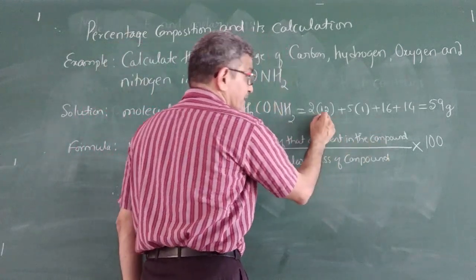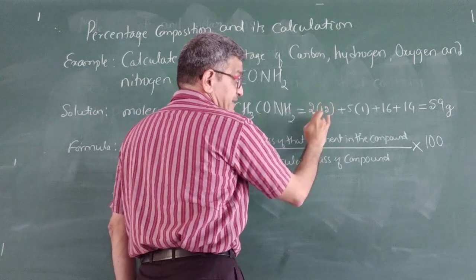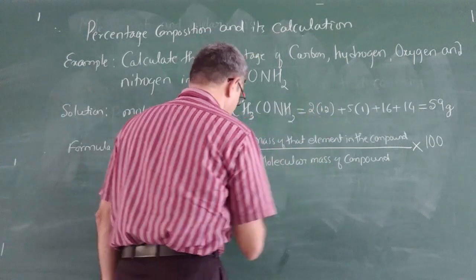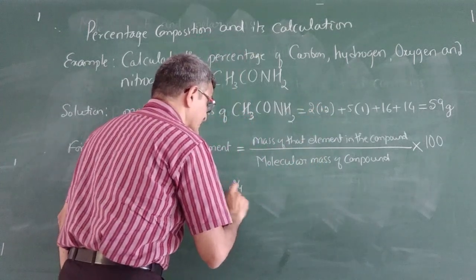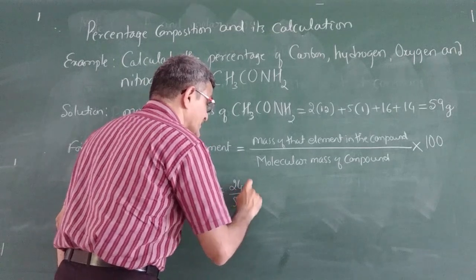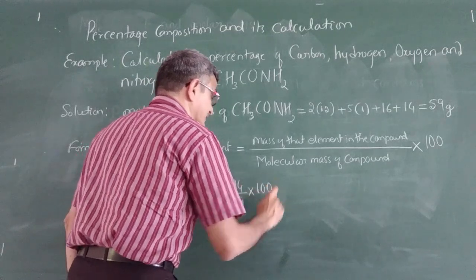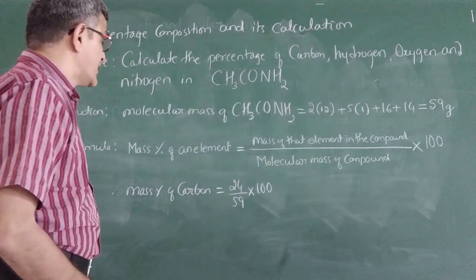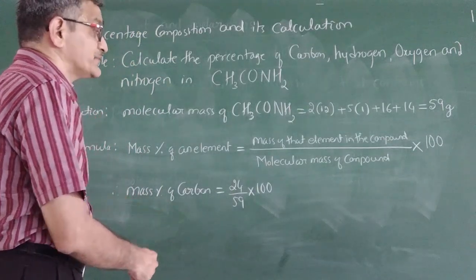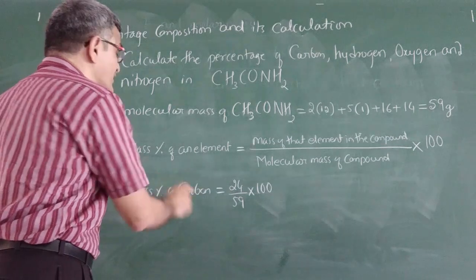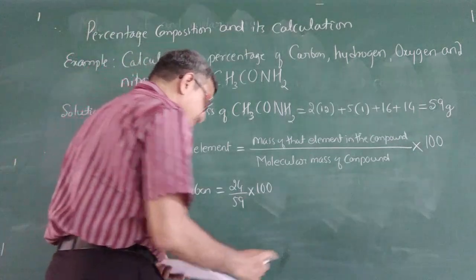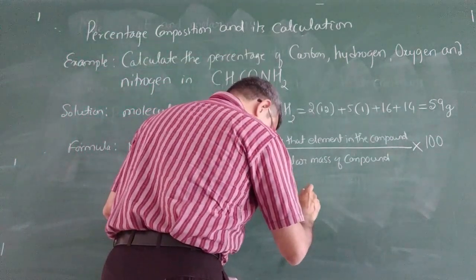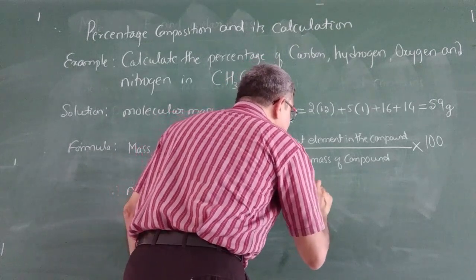How much is the mass of carbon? This is carbon, 12 into 2, that is 24, divided by 59, into 100. Okay. So this is how to calculate the mass percentage of carbon. If you simplify this, you are going to get 40.68%.